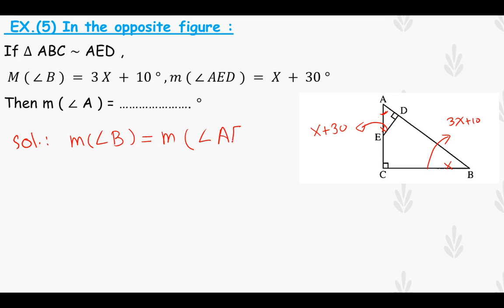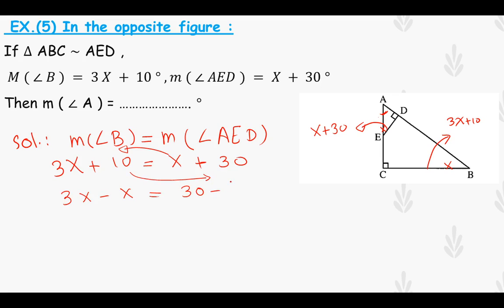So 3x plus 10, measure of angle B, equals measure of angle AED, x plus 30. Okay, so x will go to the other side and 10 will go to the other side. Here we have 3x minus x equals 30 minus 10.